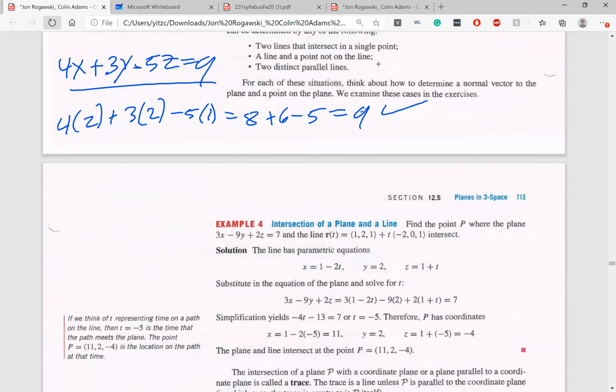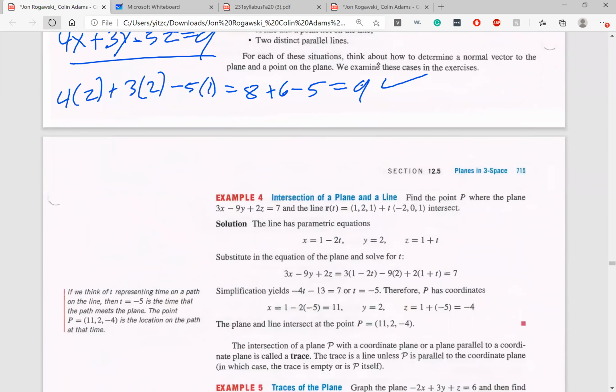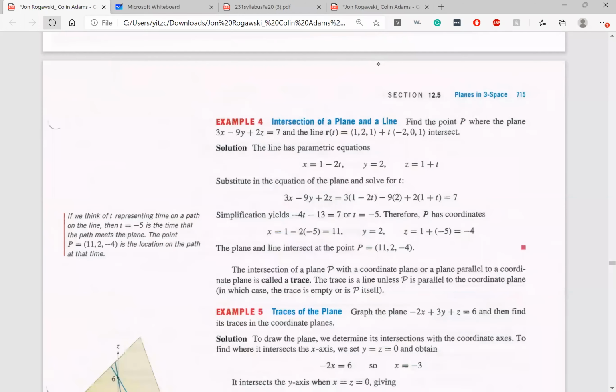Okay, so let's look at the next problem. The intersection of a plane and a line. They want you to find a point P where a certain plane and a line intersect.